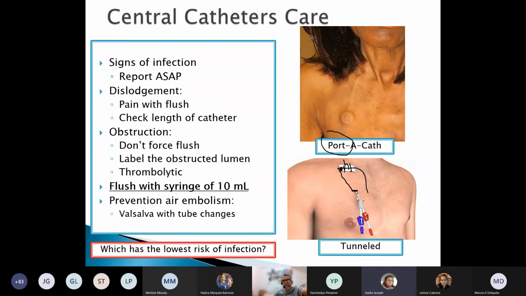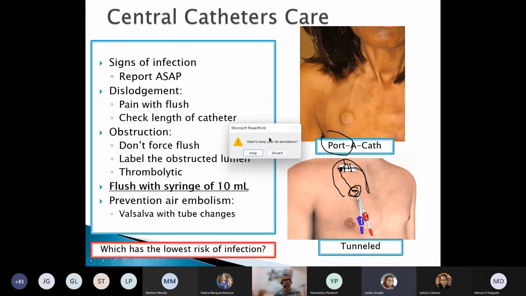So now what did the doctor do? Made a tunnel. It's called a tunnel catheter. So now the site of the bacteria is farther from the heart than with the non-tunnel catheter. So those were the examples mentioned there.